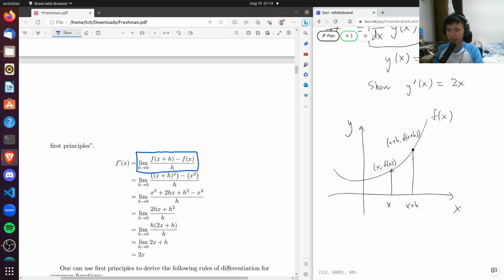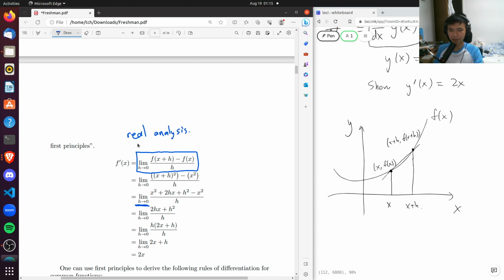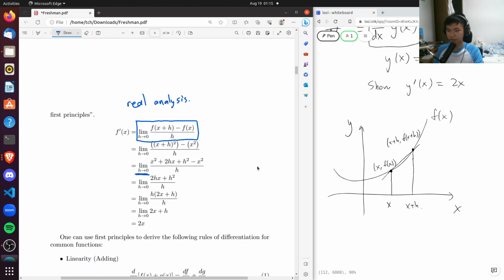Before I draw a tangent line, I'm going to first calculate the gradient of the line passing through these two points. Of course, the line passing through these two points is not going to be tangent, but the trick is that later on I'm going to take the limit as h approaches 0. This limit is something studied in math called real analysis, but we won't need to know too much of the details if we're just doing physics.